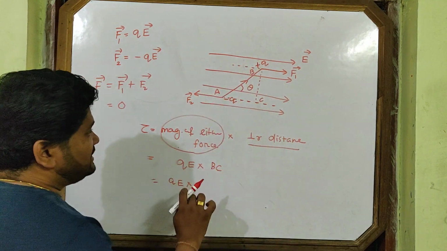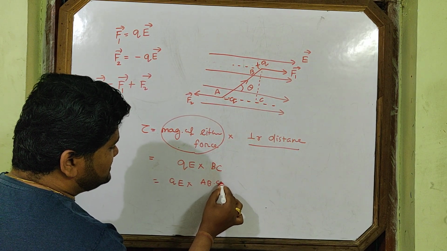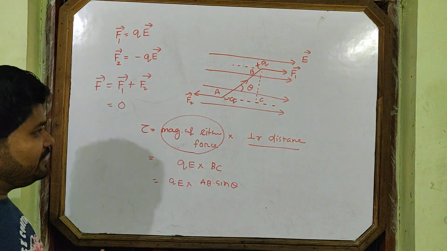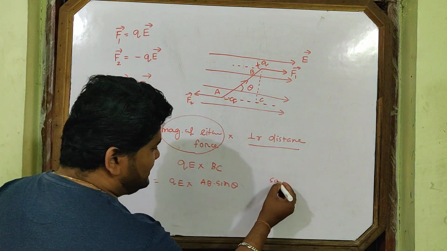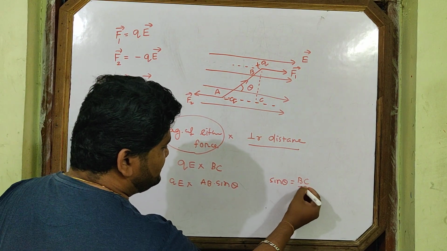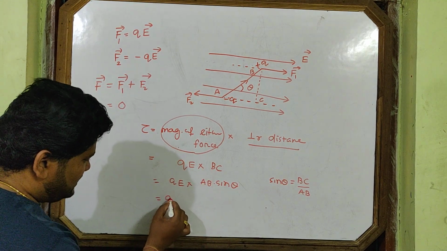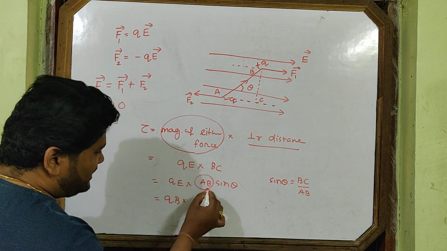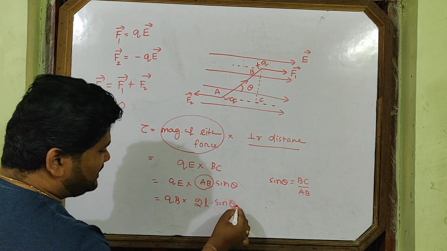What is BC? Now you see from the figure, it is AB sin theta. You can see sin theta is equal to BC by AB. So BC is equal to AB sin theta. And what is AB? AB is nothing but the length of the dipole, we are taking 2l.